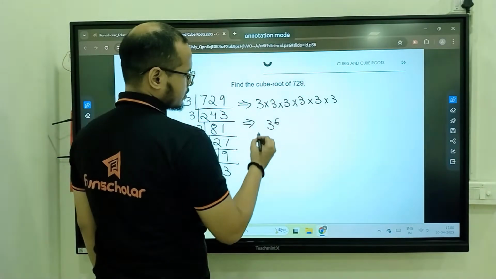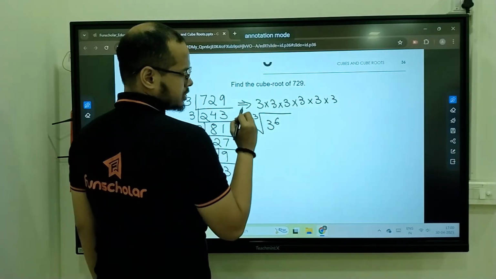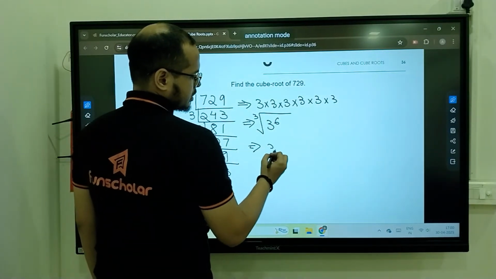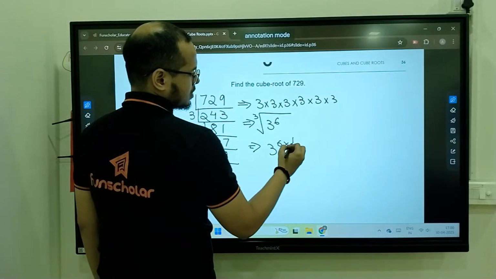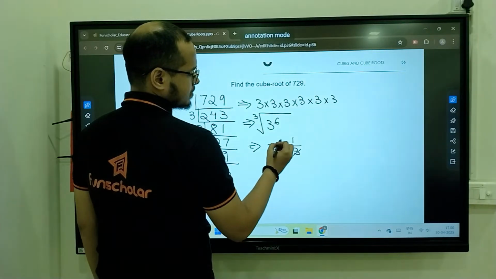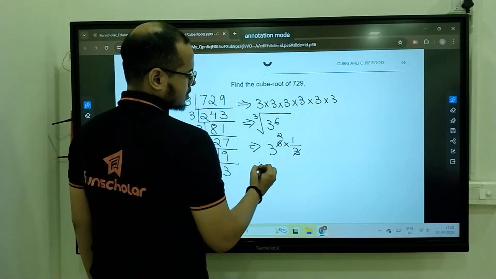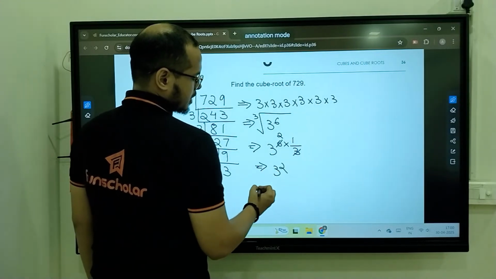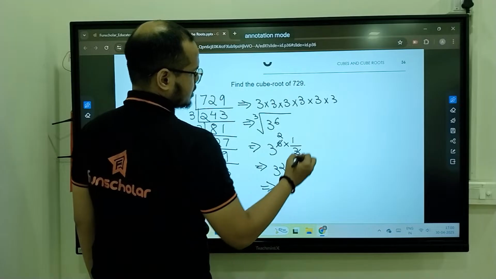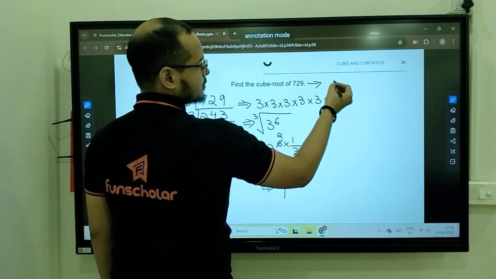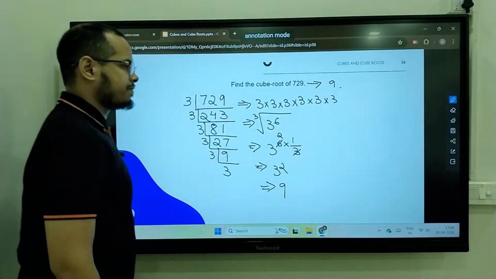Now cube root is required, right? So 3 to the power 6 into 1 by 3 gives 3 squared, and the answer is going to be nothing but 9. So the cube root of 729 is 9.